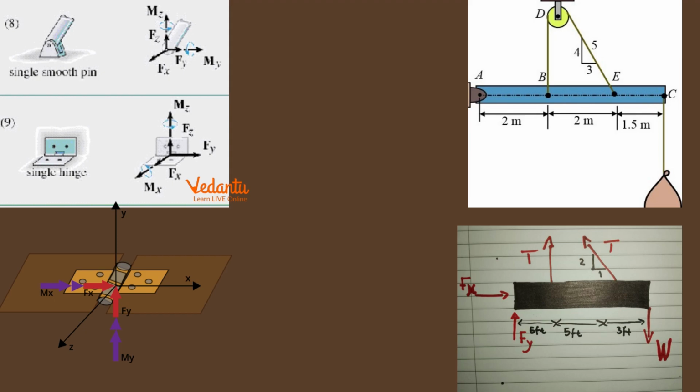In the second image, this is a sketch of an exercise that I brought the free body diagram of. We can see that the free body diagram represents all the forces that act upon the hinge: the horizontal forces, the two vertical forces, and the two tensions.